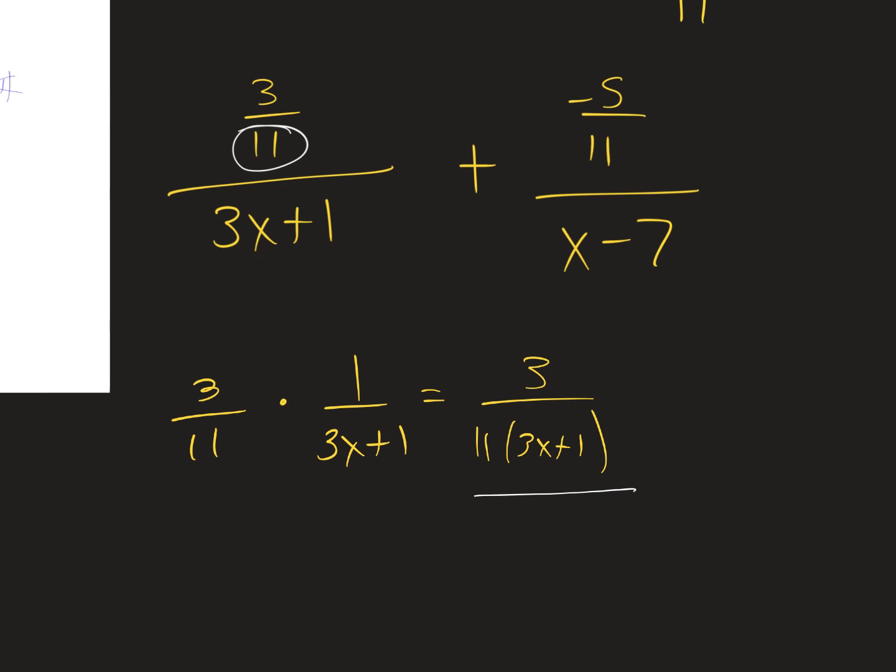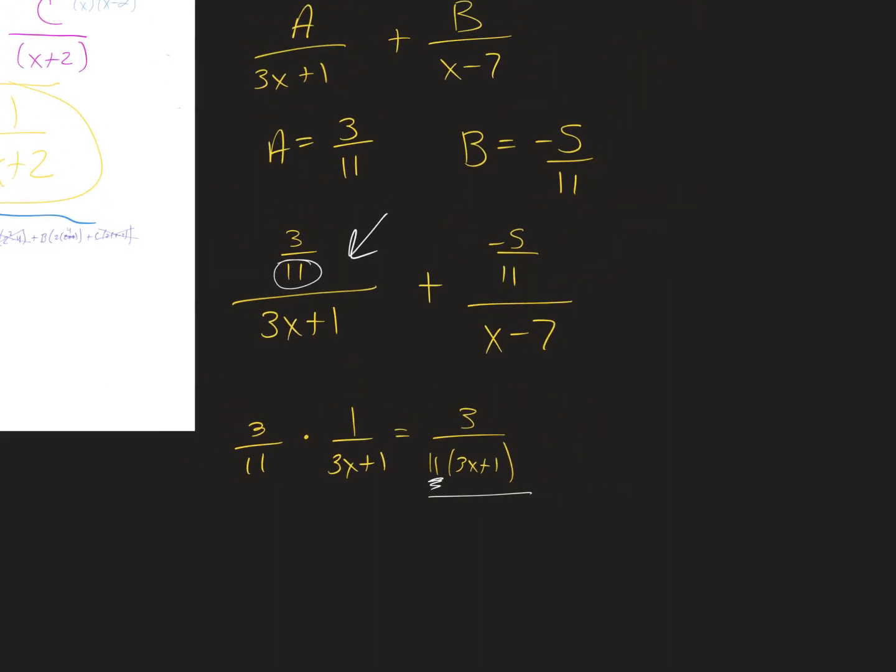No, when I'm at this step, when you guys get here, you can't leave it like that. That's not okay. So how would you rewrite it? Where would the 11 go? Where is the 11 here? Okay, what I'm getting at is if you guys left your answer like this, that's wrong.